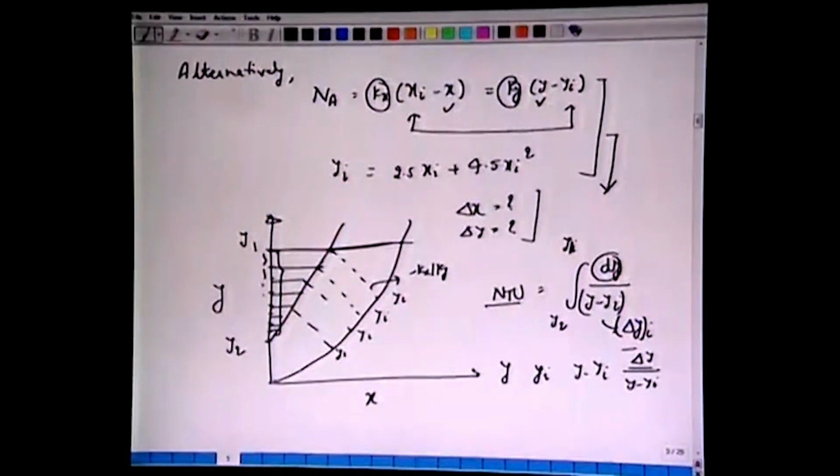It's good practice to keep it uniform between the two domains y1 and y2. Then you take several such points, 1, 2, 3, maybe 10, and if you add up the summation of this column you get the NTU, the number of transfer units based on the gas phase y.